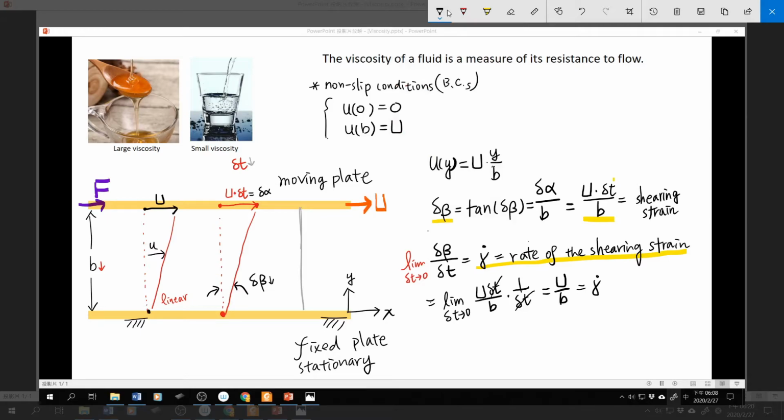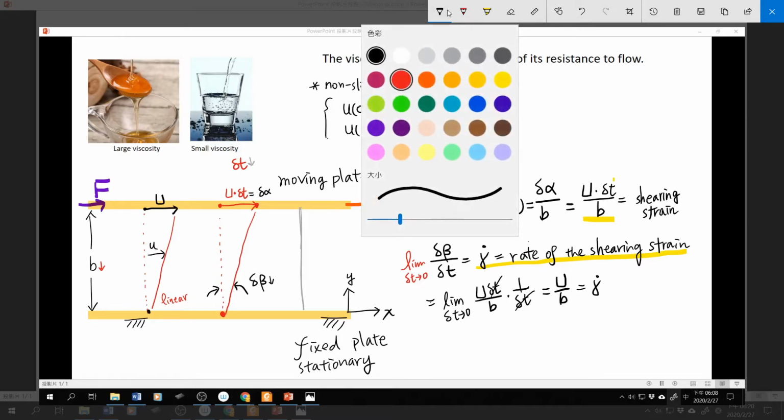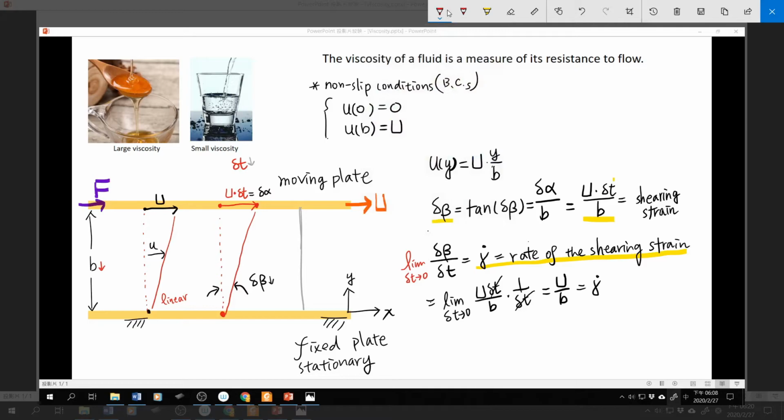And then in fluid mechanics, all you have to remember, actually, is that everything is about the shear stress. The shear stress is very, very important. And now here, the shear stress is denoted by tau.